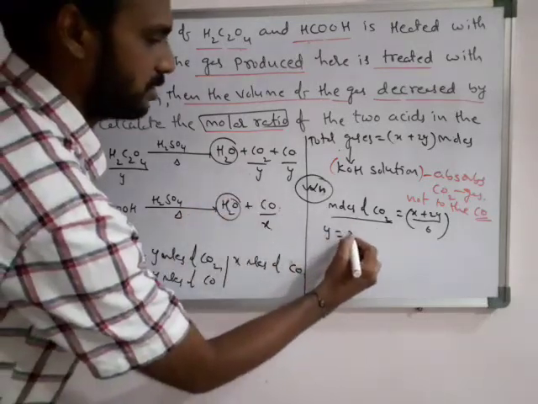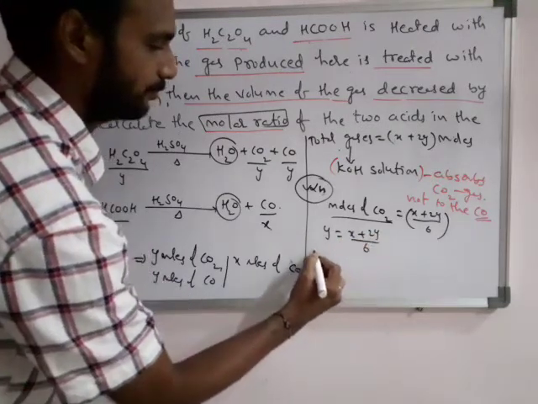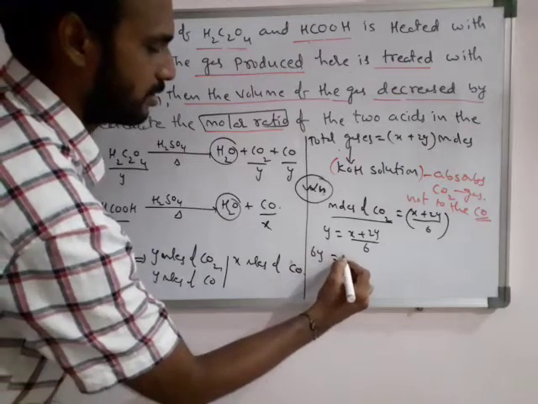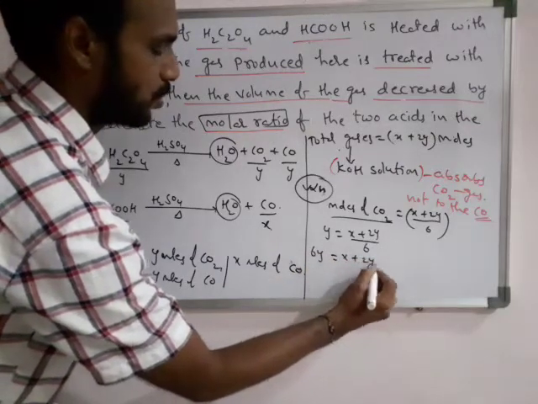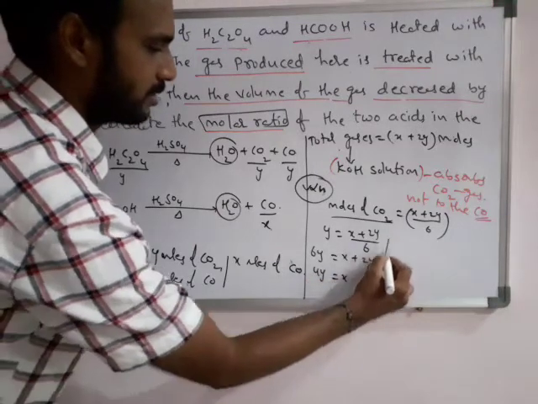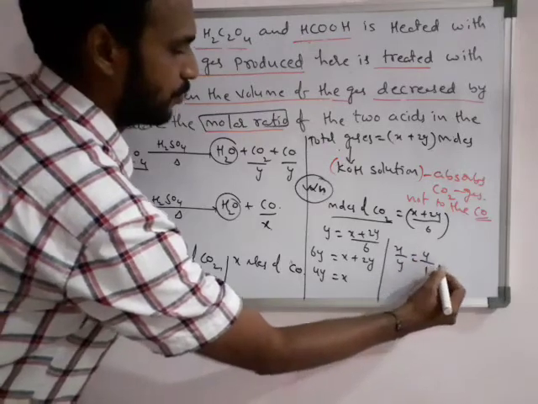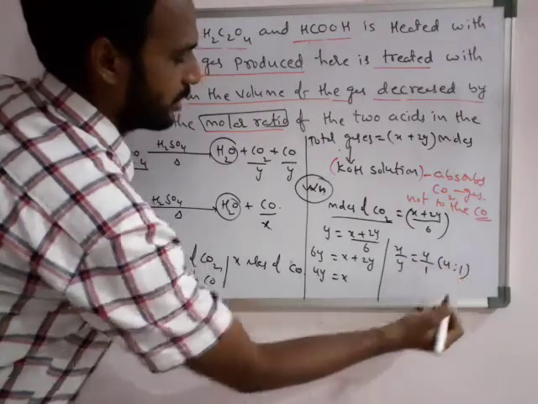Here y equals (x plus 2y)/6. That is 6y equals x plus 2y, 4y is equal to x. So x by y is equal to 4 by 1, that is nothing but 4:1.